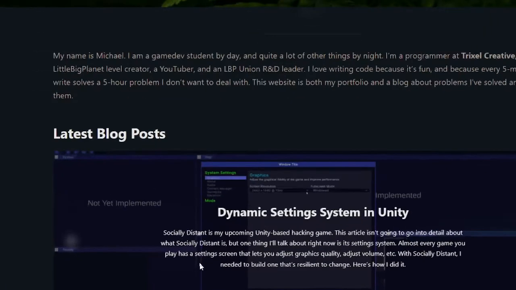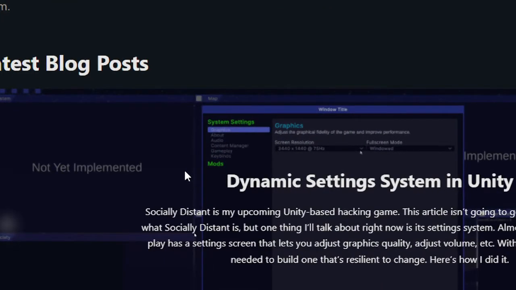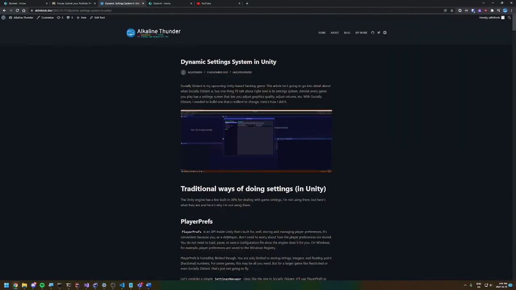Anyway, I've written a few blog articles over the past few months, for example, about this dynamic settings system that I wrote for Unity that is powering the configuration system in my game. To understand, I am a huge fan of low-level programming, the programming that you don't really see.